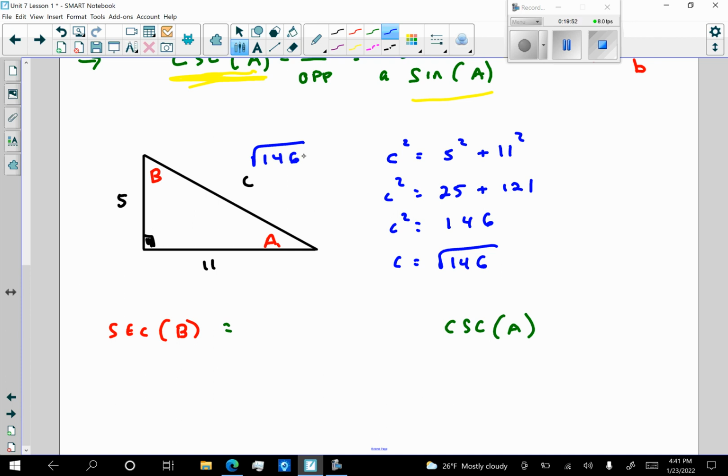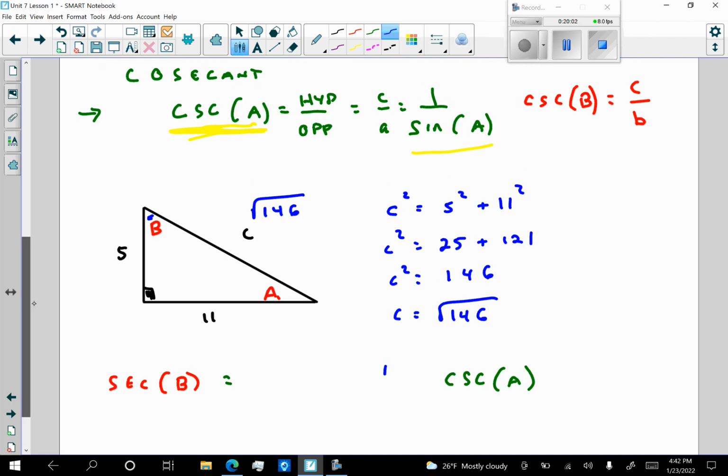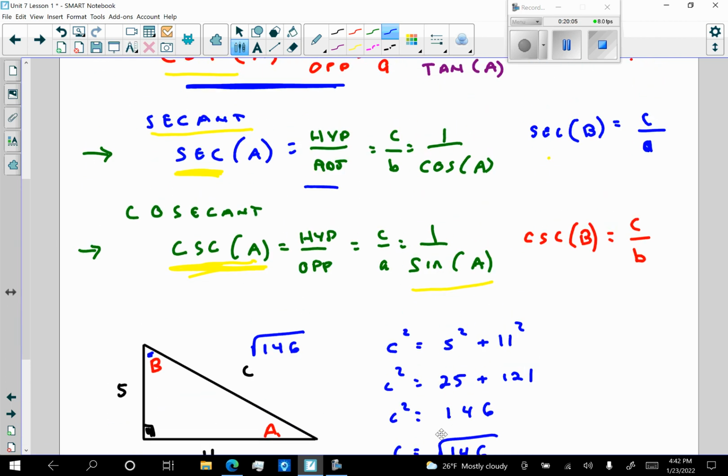And I want to find the secant of angle B. I want the secant of this angle right there. Well, I'm going to have to use the definition. The secant of an angle is the hypotenuse divided by the adjacent leg.